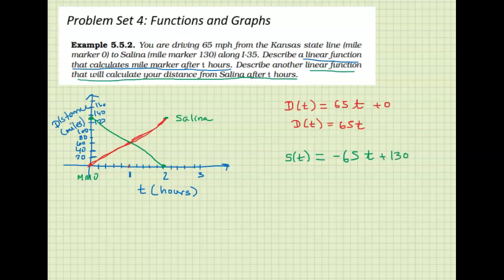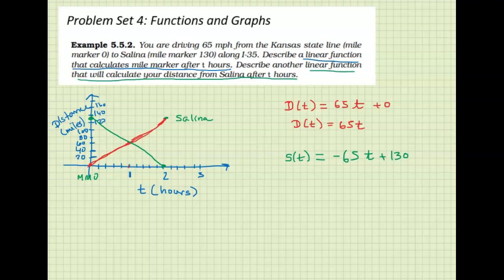So with this linear function, at time 0 you're 130 miles away from Salina. You are getting closer 65 miles each hour, so the distance is shrinking. That's why the slope is negative. And by the time you reach 2 hours, you're going to be there.